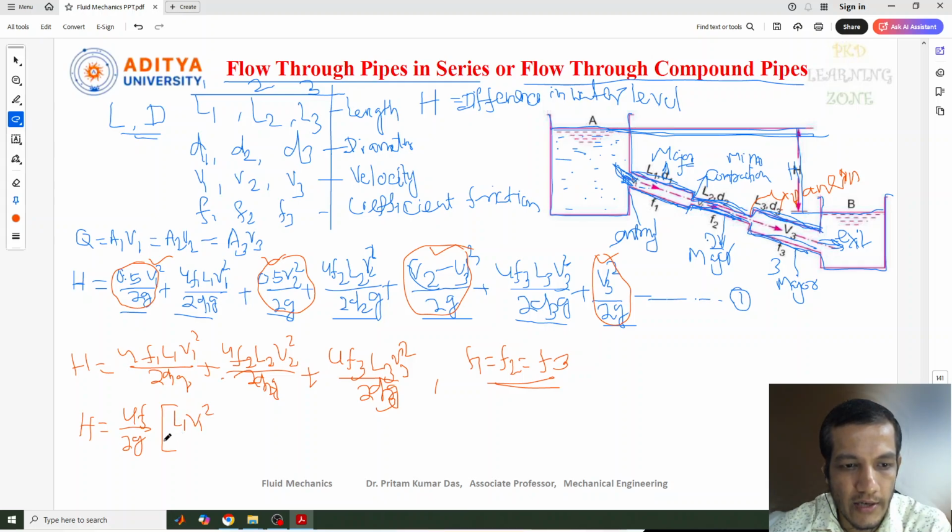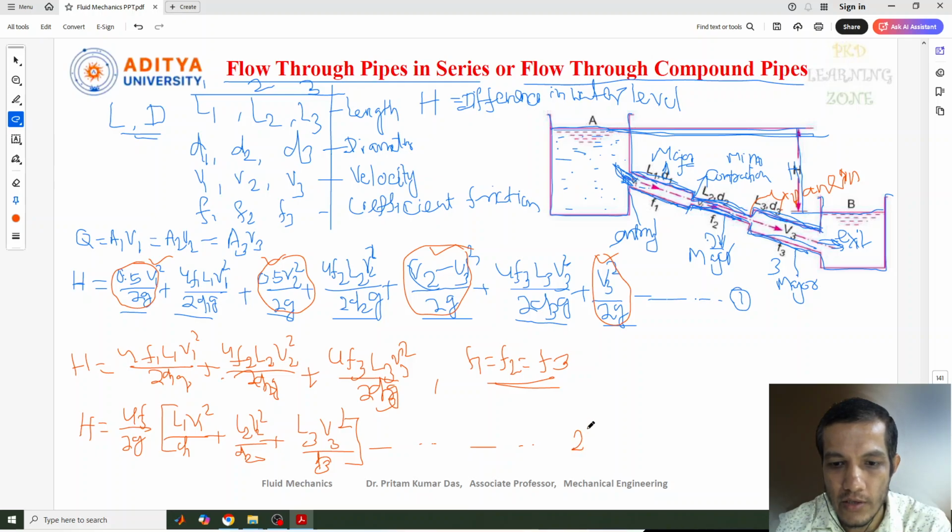Length, velocity and diameter: L1 V1 square by D1, plus L2 V2 square by D2, similarly L3 V3 square by D3. So this is our equation 2.